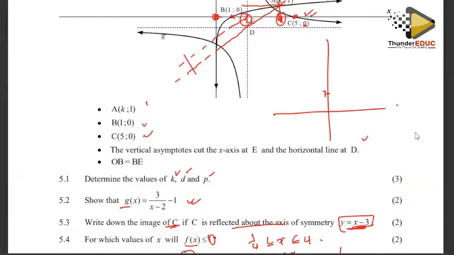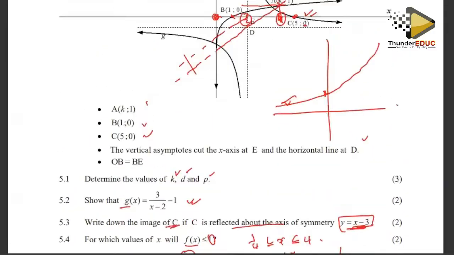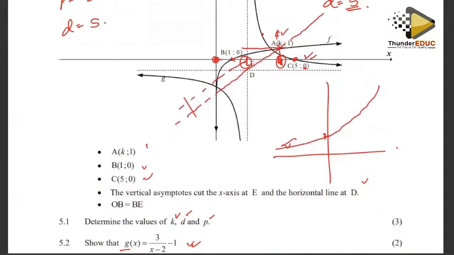It's an increasing graph. Okay. But now, since they're asking for the domain, x is going to be an element of real numbers. All x values. Then where do we find f of x to be less or equal to 0? Where do we get the negative results? So 1 is below, 1 is above.